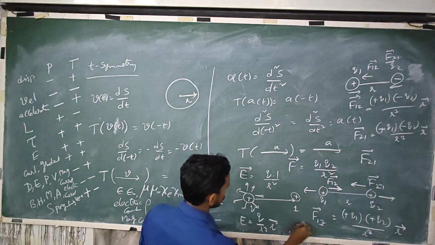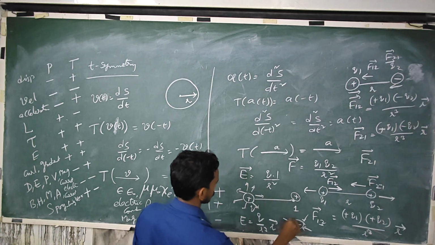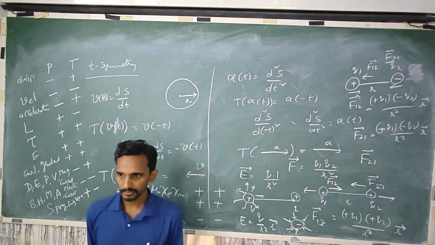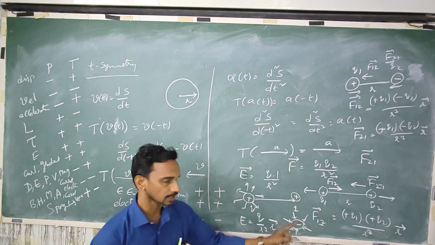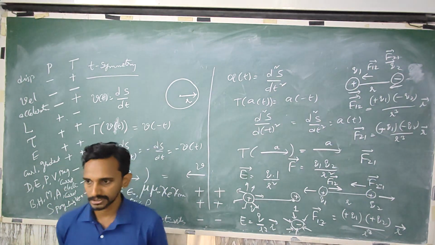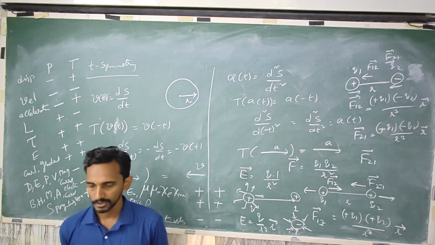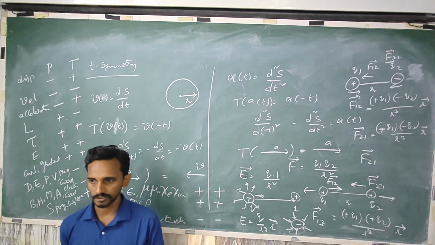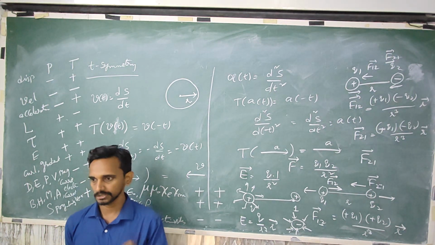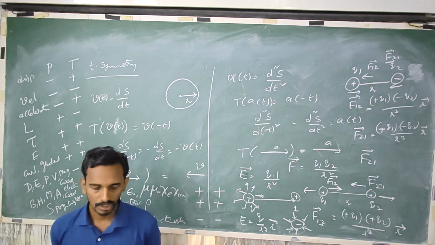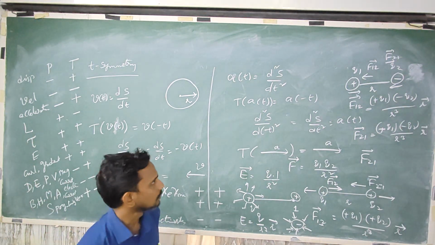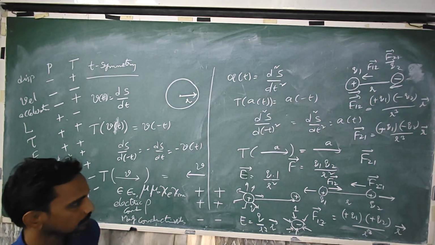If the charge is negative, radial vector is towards the charge. So here the direction is decided by the sign of the charge. Radial vector is always pointed from the point of observation to the object. Okay. So rest of the things we will discuss in the next session.